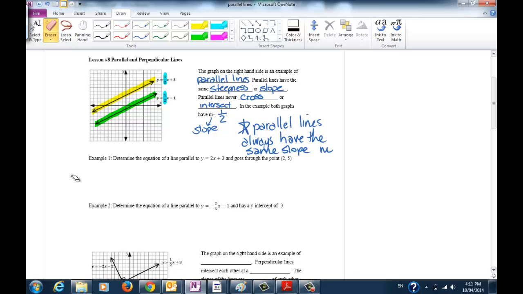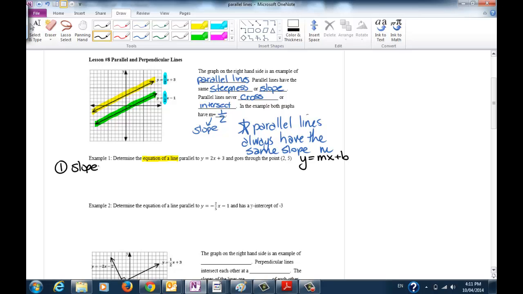Okay, so example 1 says determine the equation of a line. So I want to find an equation of a line parallel to y equals 2x plus 3, and it goes through the point (2, 5). Okay, so I'm determining an equation of a line. Remember, last class we used y equals mx plus b. Okay, so first thing we found was our slope.